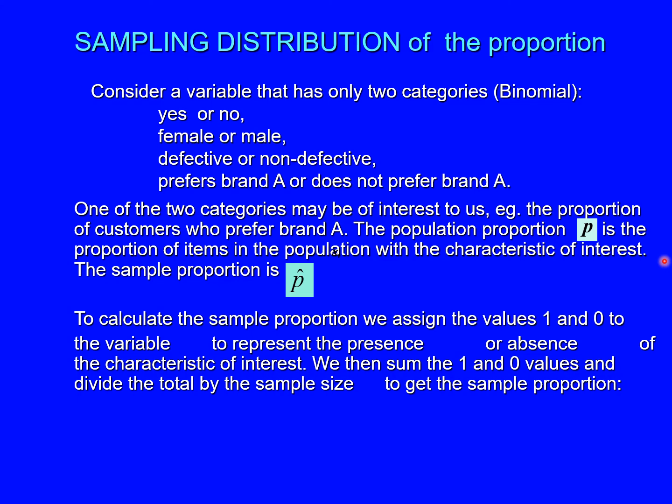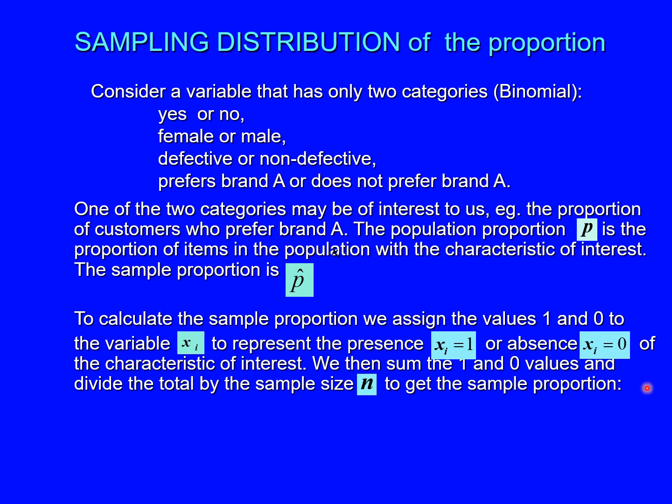Then we calculate the sample proportion. We know how to calculate it. It is very easy. If we have two categories and we give each category either 0 or 1, then the average itself is equal to the proportion. Or we calculate how many yes, and divide it by all, and we get the proportion.